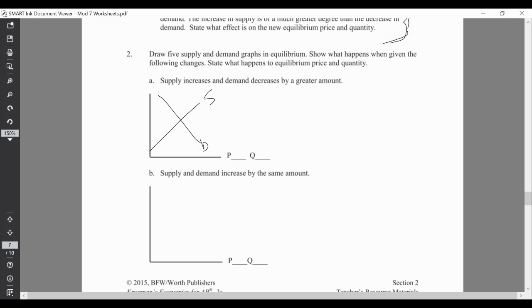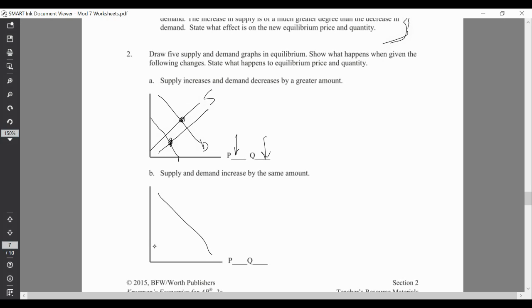So supply increases, so I'm going to put a small supply increase. We started here, and then the demand decreases by a greater amount. So that puts us over here. So what do we see happen on that? We see that because of the greater degree, the price and the quantity will both decrease.